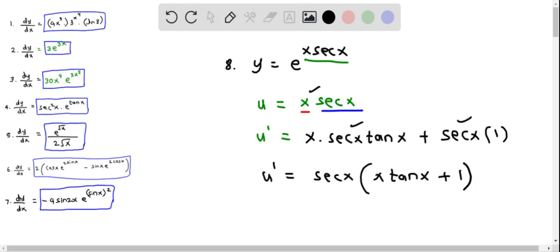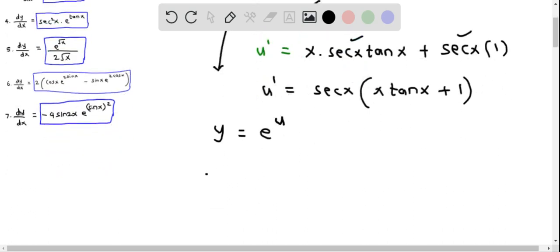Now let's rewrite y after making the substitution. So y equals e raised to the power of u. Therefore, we find its derivative, that is dy by dx, and this equals e power u multiplied with the derivative of u, which is u prime.